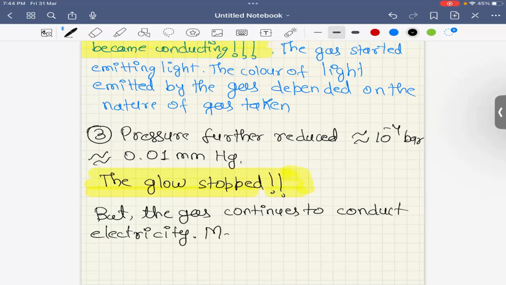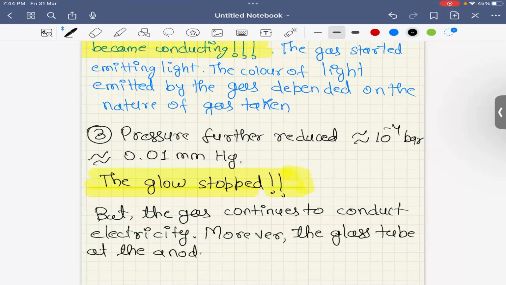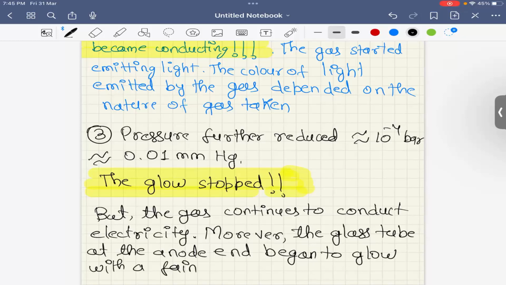Moreover, what happened was that the glass tube at the anode began to glow with a faint greenish color.